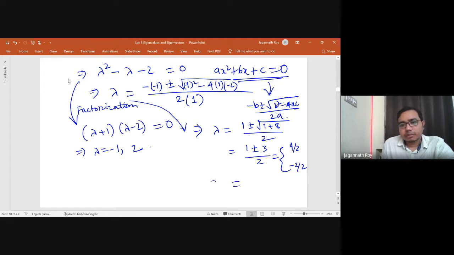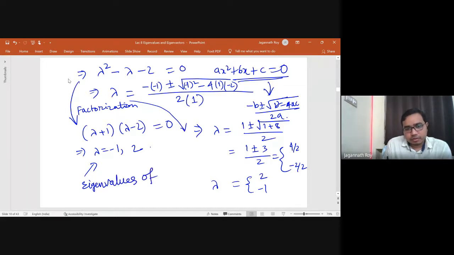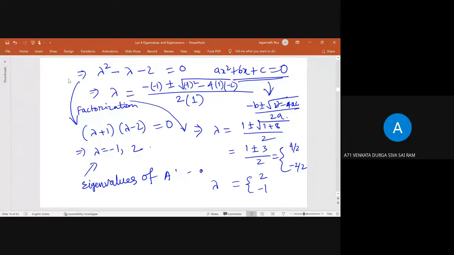So lambda becomes either 2 or minus 1. These are the eigenvalues. Eigenvalues of A are minus 1 and 2.